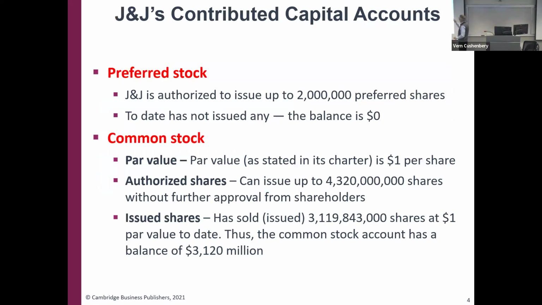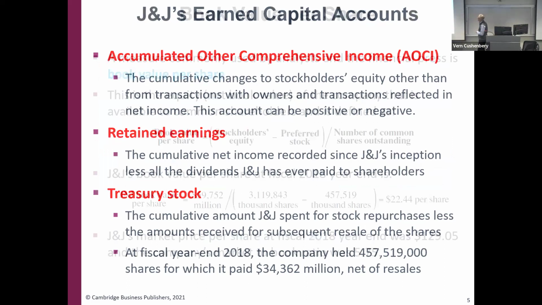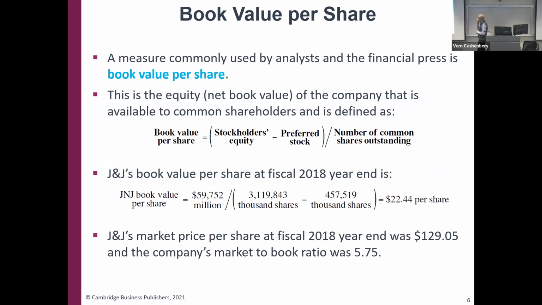Preferred stock, common stock, par value, shares issued. We just talked about it. One of those terms, accumulated other comprehensive income, I'm going to talk about in a few slides. Retained earnings, treasury stock. Okay, book value per share is a simple term, and I don't want to overcomplicate it. When you hear the term book value, I want you to just think balance sheet.